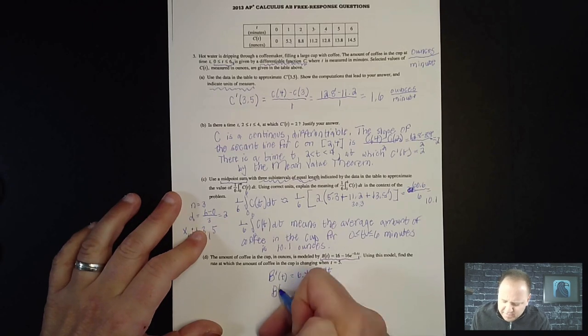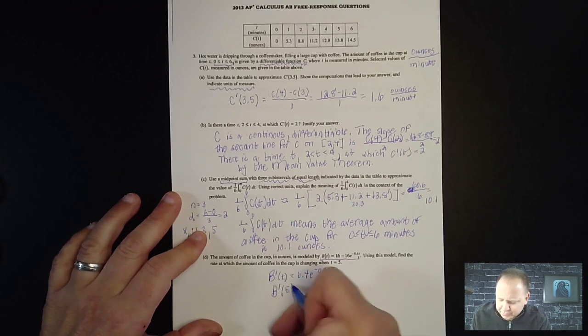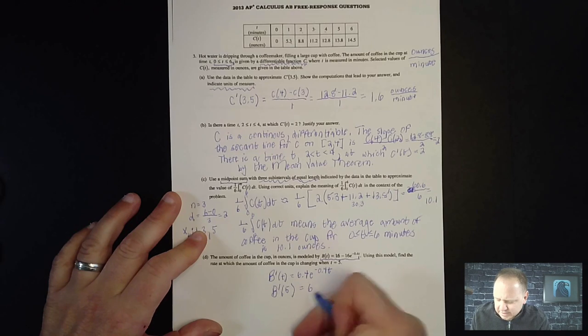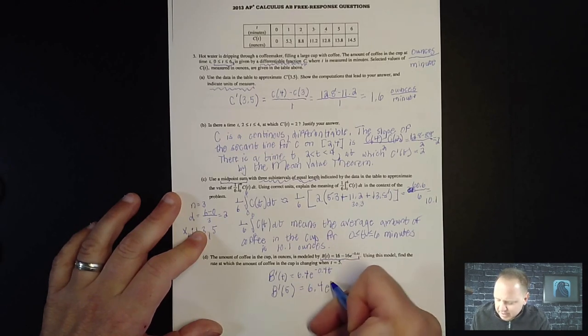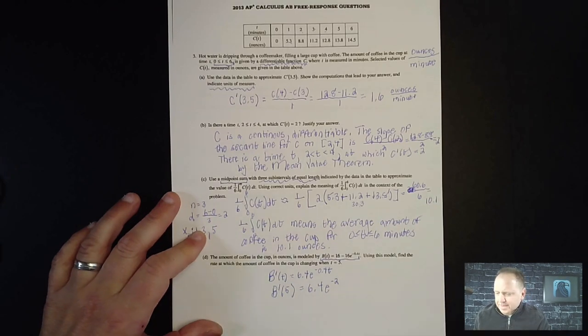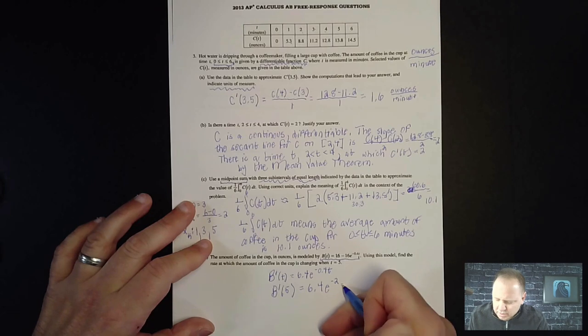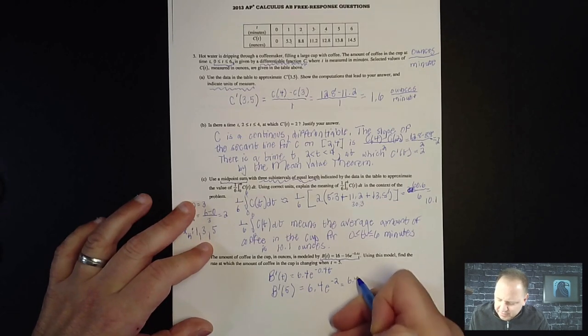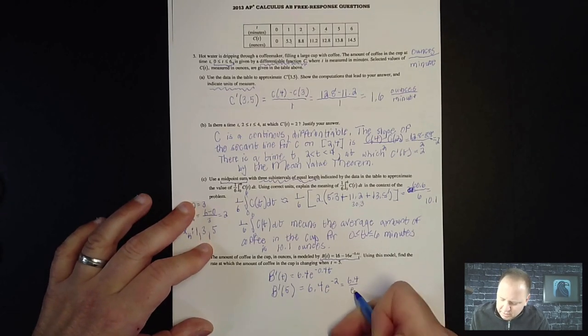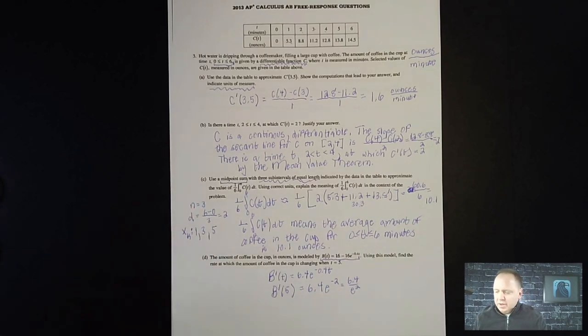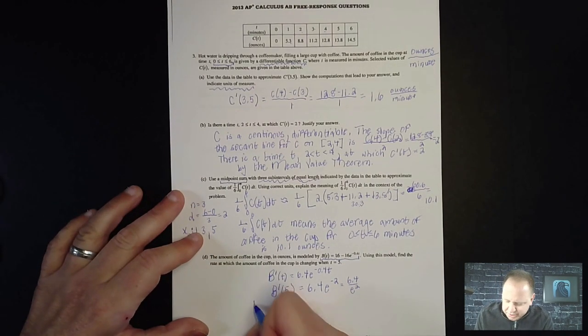B prime of 5 would equal 6.4 e to the negative 2. It's always good to just flip that down as e squared. And I would probably answer this question.